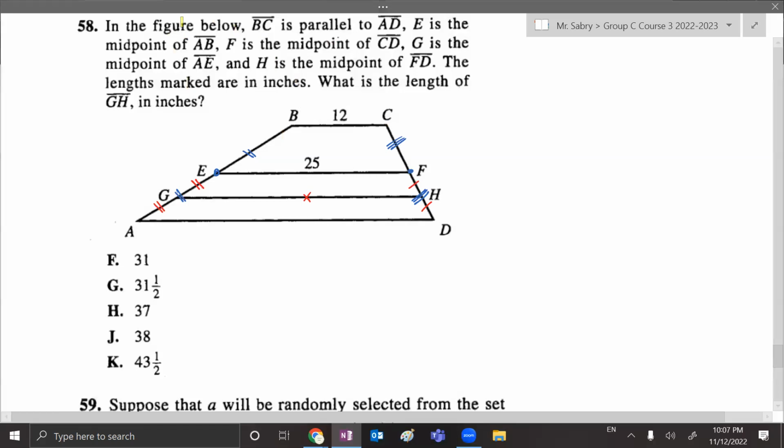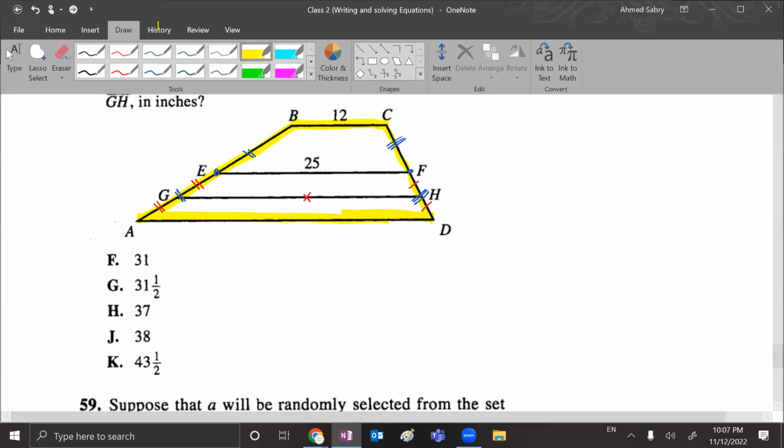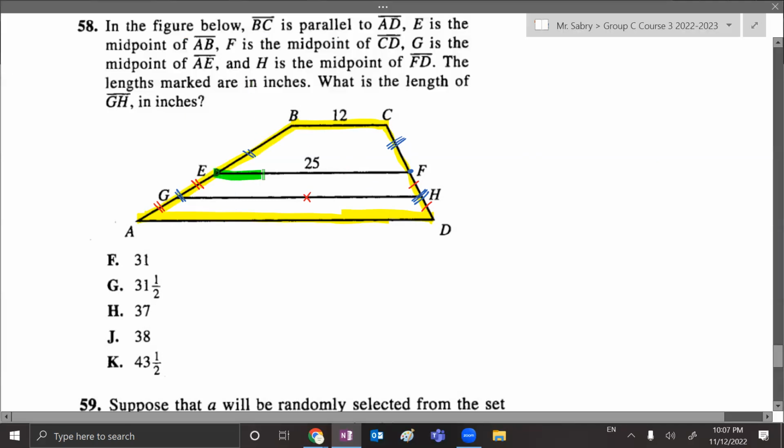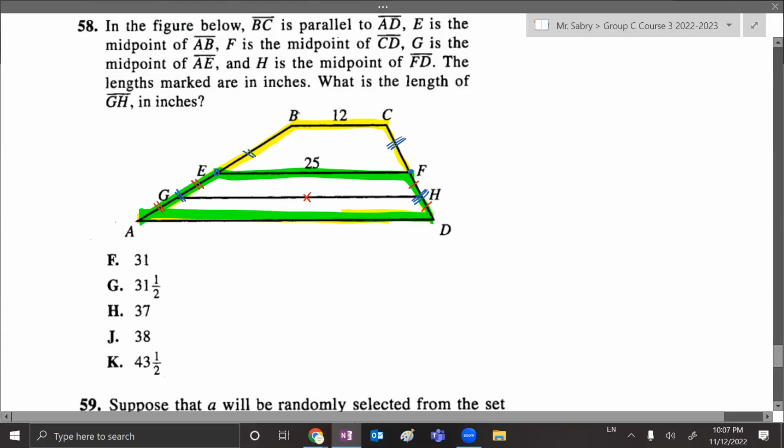So I want you to look at, how can I highlight this for you? Okay, so this whole big shape all together, and compare it to this one. So these two, when you compare them to each other, these are similar ones.